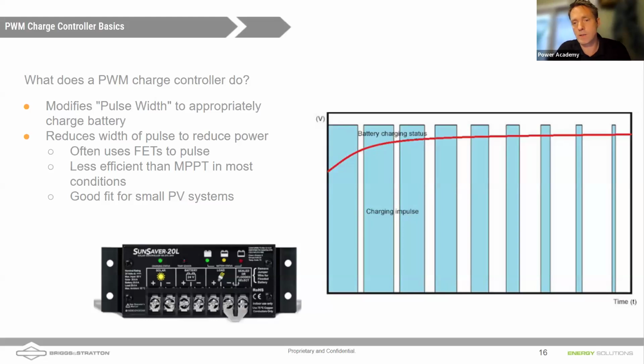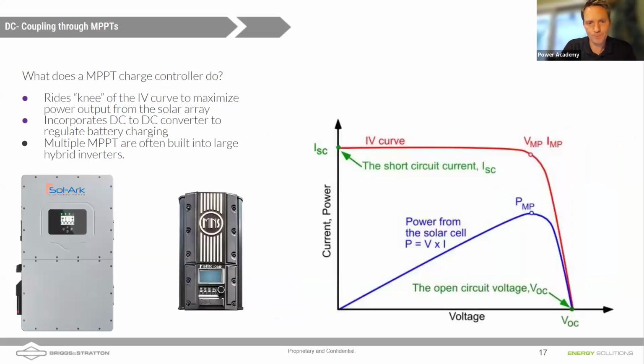What it does is very rapidly, on the order of milliseconds, turn on and off DC power to approximate a voltage. By doing that, you can create a voltage which is reduced to match the charging needs of your battery by pulsing on and off the supply coming from a solar panel. So we're showing an example of pulse width modulation there.